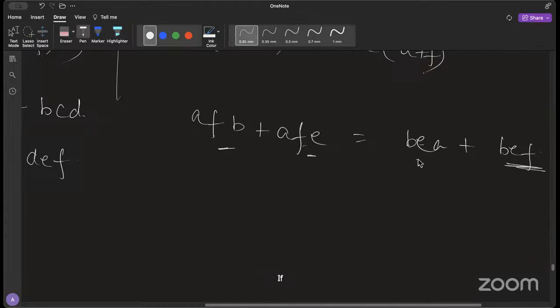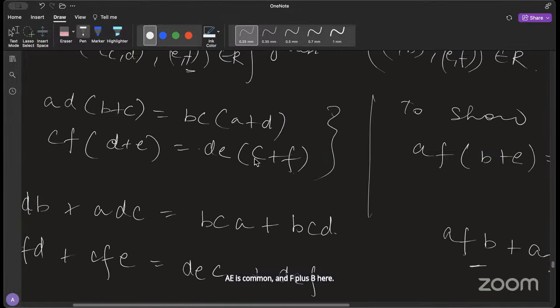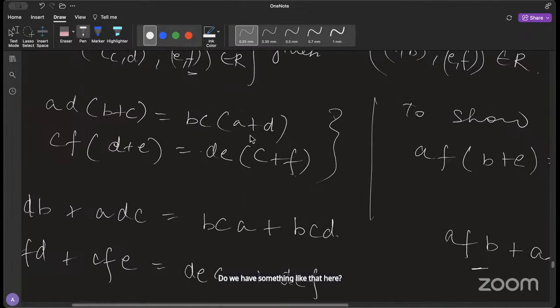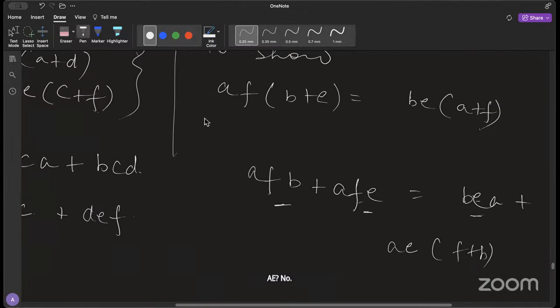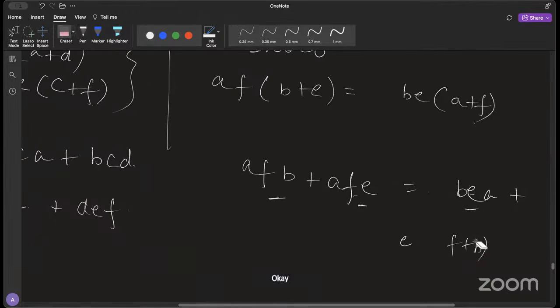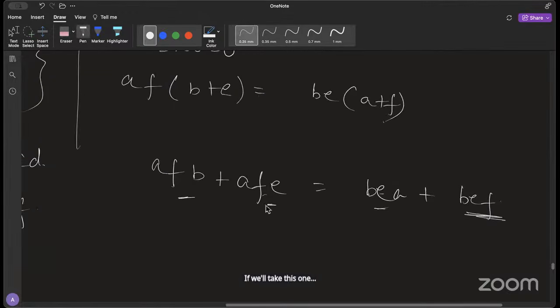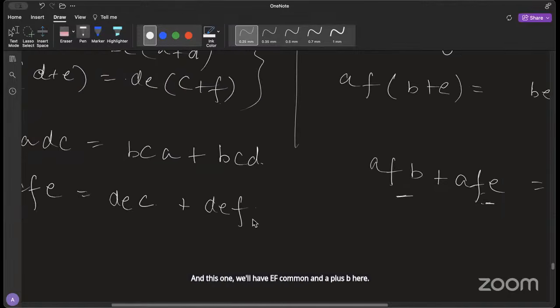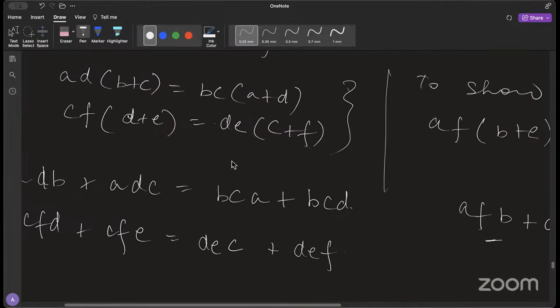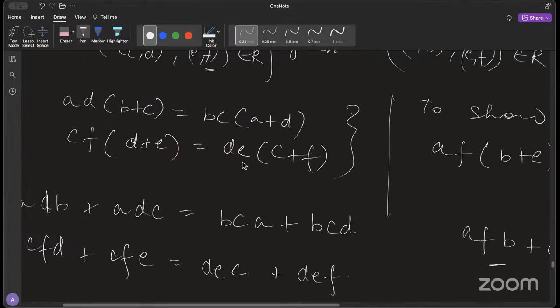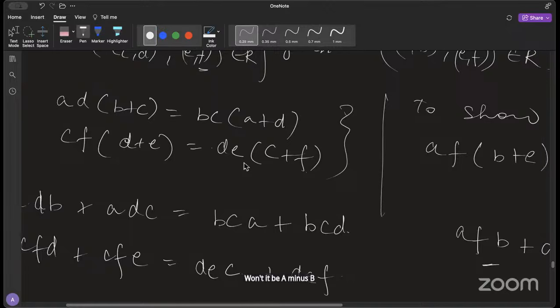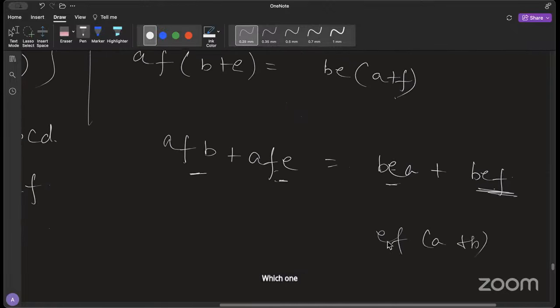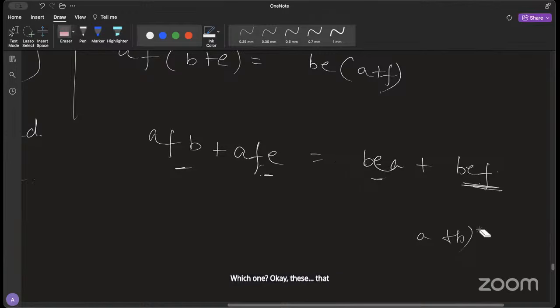If you club these two, then we'll have A, E as common and F plus B here. Do we have something like that here? A, E? No. Okay. If we take this one and this one, we'll have EF common and A plus B here. Won't it be A minus B? Which one? Okay, that's on other side, right?